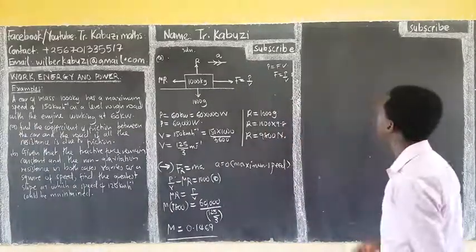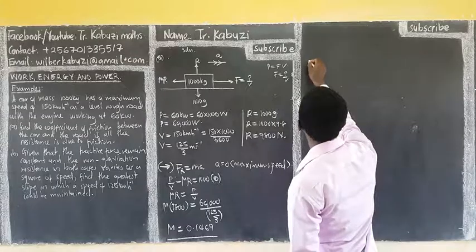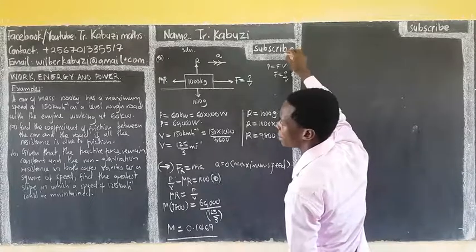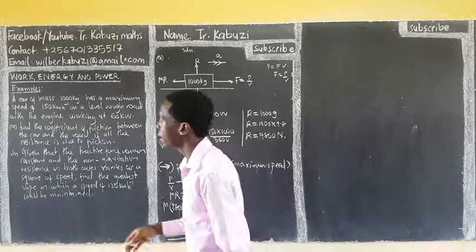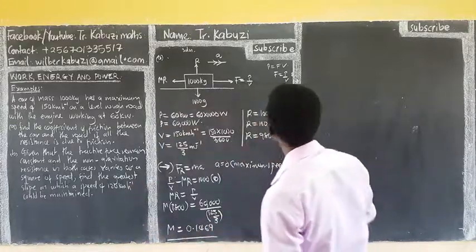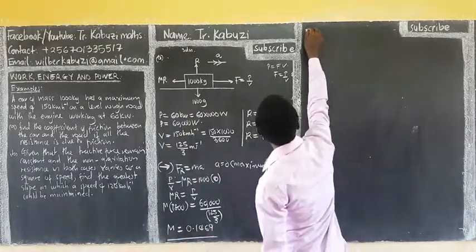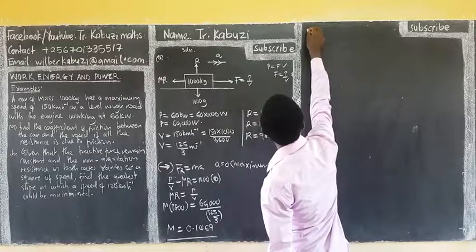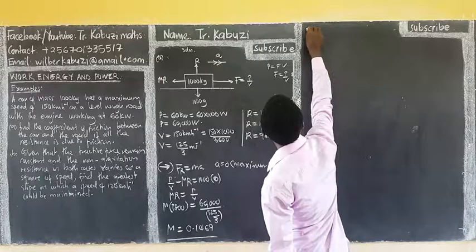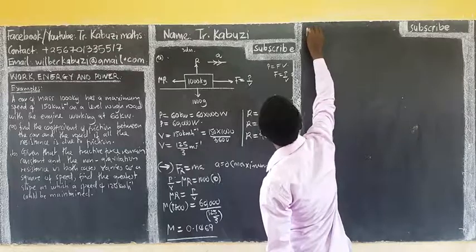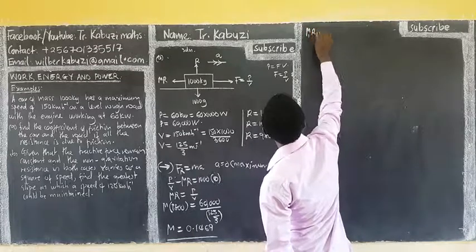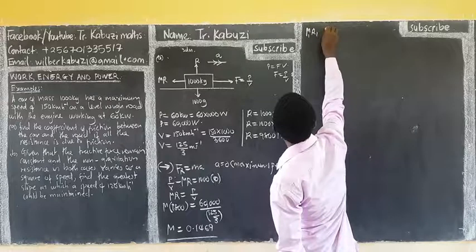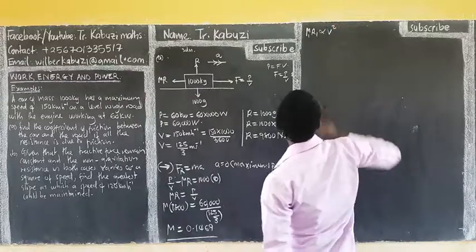Okay, so from there, they want us to get the speed. They're telling us that the new frictional force, which I'll call mu 1 R1, varies as the square of velocity.